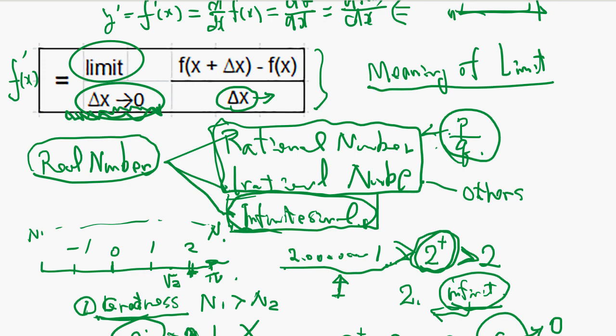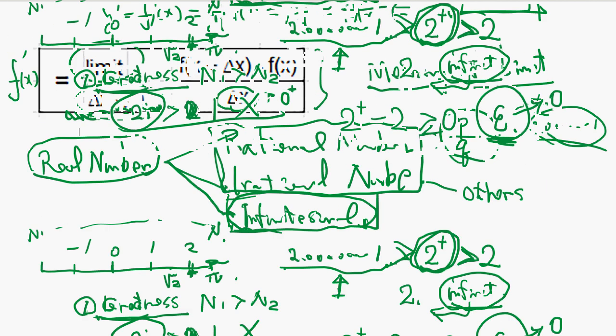Okay, this is 0 plus. It's not 0, it's larger than 0, but it's smaller than any number. If you bring in 0.0000001, this is still larger than 0 plus. So they use this number.